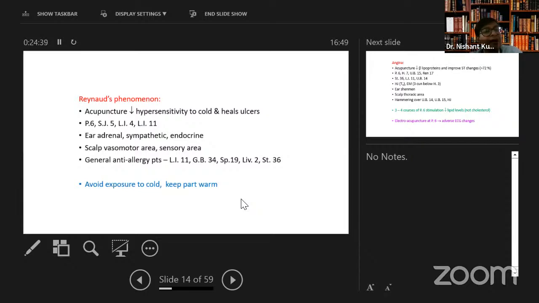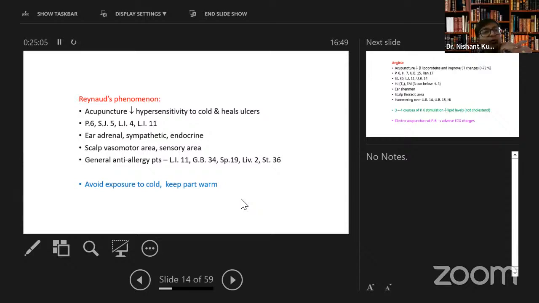So, pericardium 6, Sanjay 5. What is so special about these 2 points? P6 and Sanjay 5. Theoretically, practically we don't do it. Through and through कर सकते हैं इसमें, ठीक है?